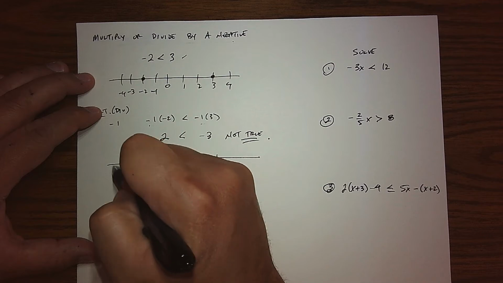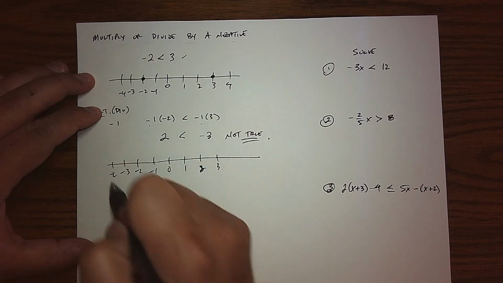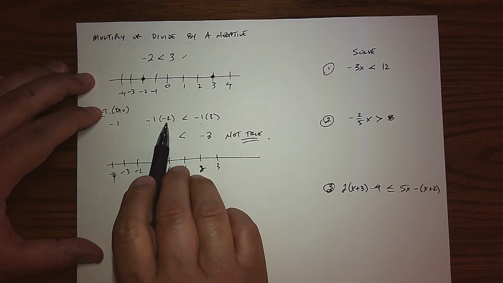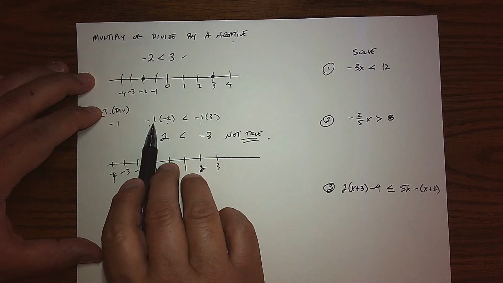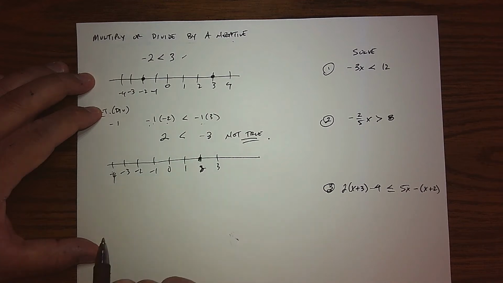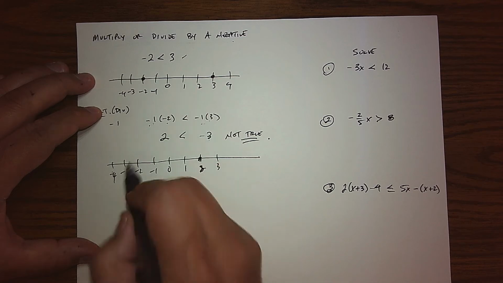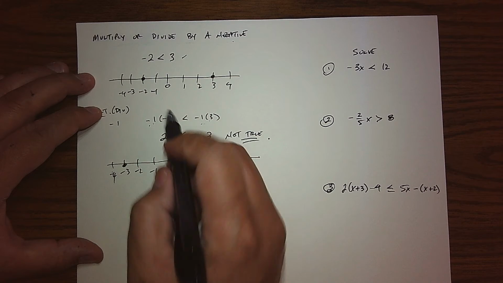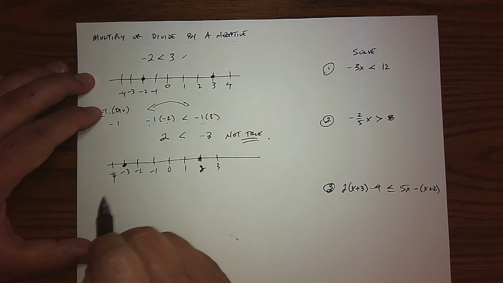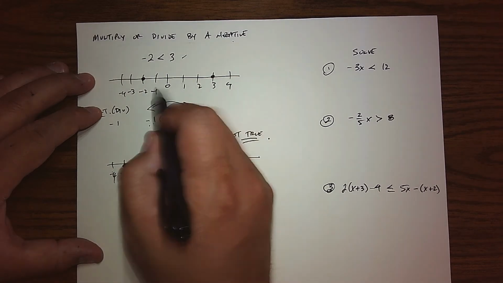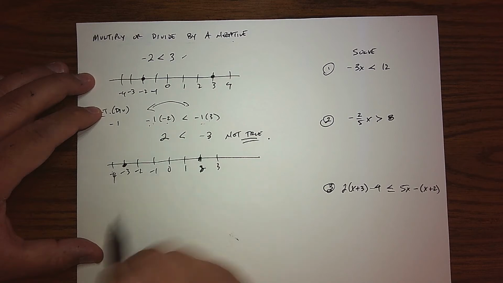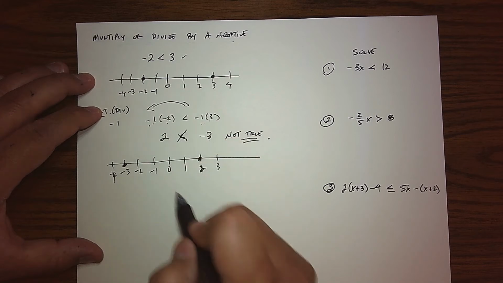Because of the negative, we have introduced the concept of oppositeness. So what was negative 2, by multiplying it by negative 1, has become a positive 2. And what used to be 3, by multiplying it by negative 1, has become negative 3. There's been a literal flip-flop. We used to be true this way, but now we're true the other way, and so that's no longer true.